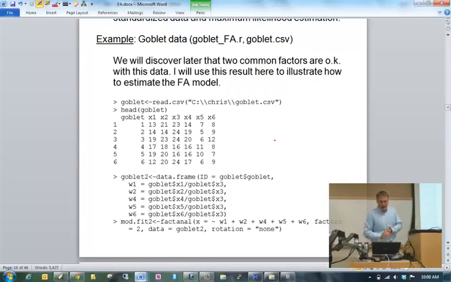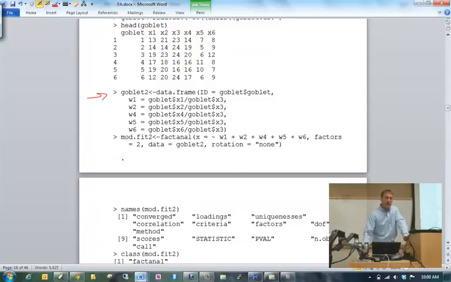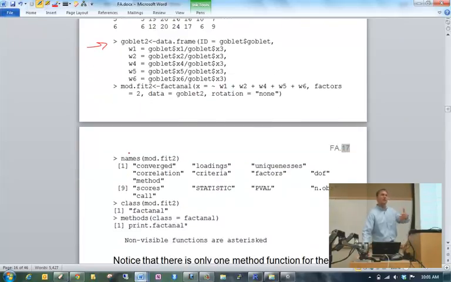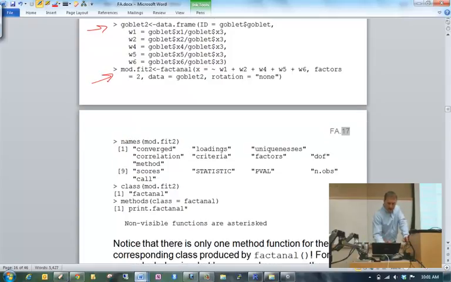So here's my Goblet data set. I'm going to make the same little adjustment to each of the variables as we saw before, because that's how the researchers wanted to group their goblets together. They wanted to group similar shapes. And here's how I use the factanal function.